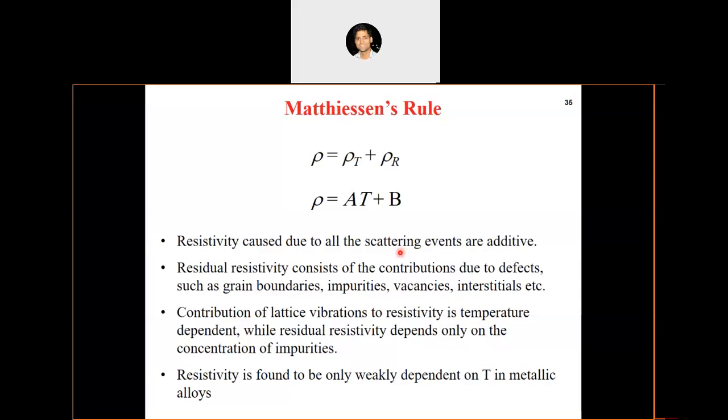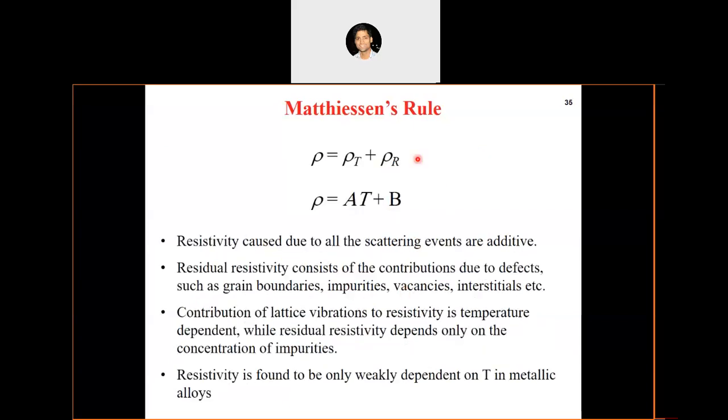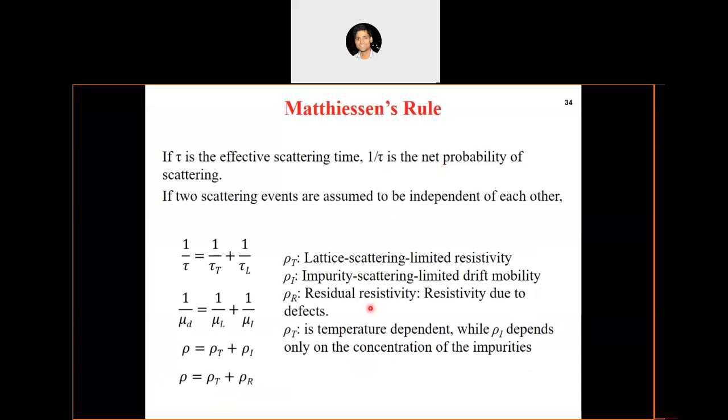It does not matter how you write it, but all other forms of resistivity are independent of temperature, so they are all contained in B. For the definition's sake, we say that rho I is impurity scattering limited resistivity and rho R is residual resistivity, and it does not contain rho I. By the definition we can say that.